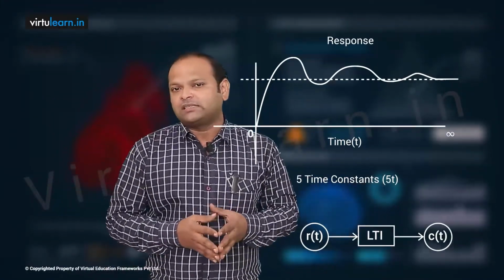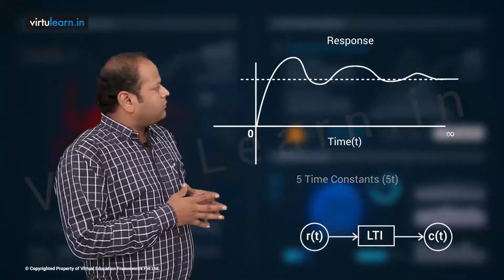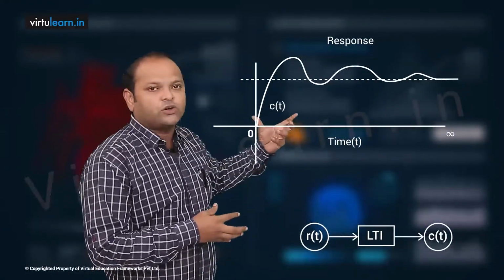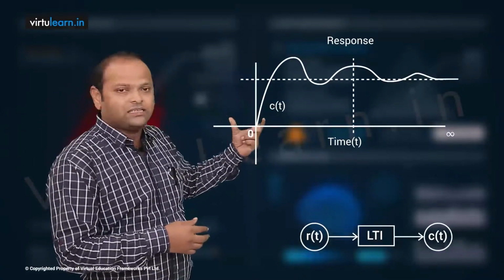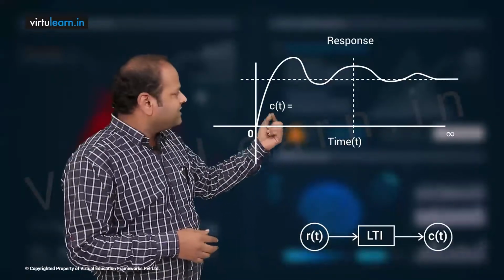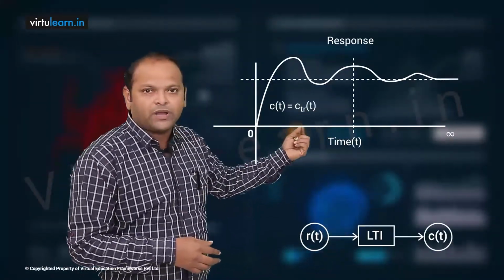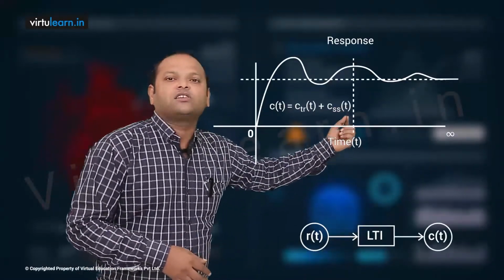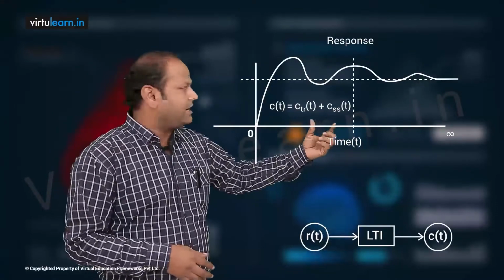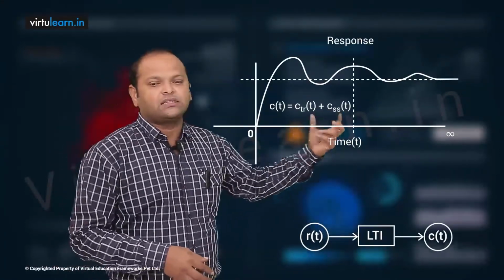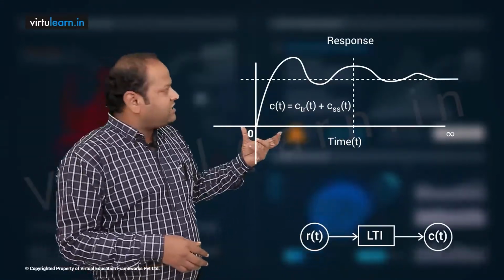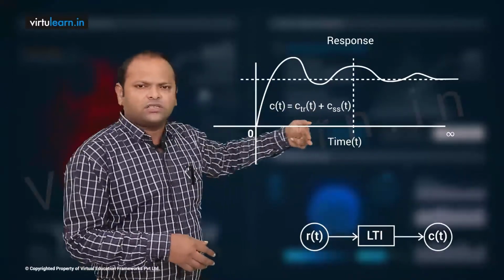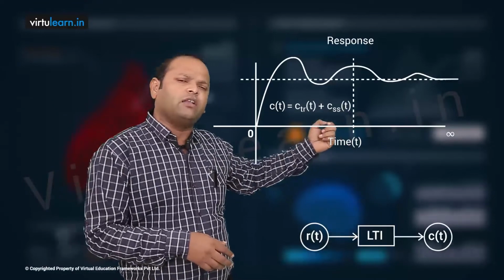So up to 5 time constants we can take it as transient, and after that we can take it as steady state response. If the total response is C of t, then I can divide this total response into 2. As I said just now, C of t is equal to C_TR of t, TR meaning transient, plus C_SS of t, SS meaning steady state. Now this transient response will go to 0, meaning it decays to a steady state value.